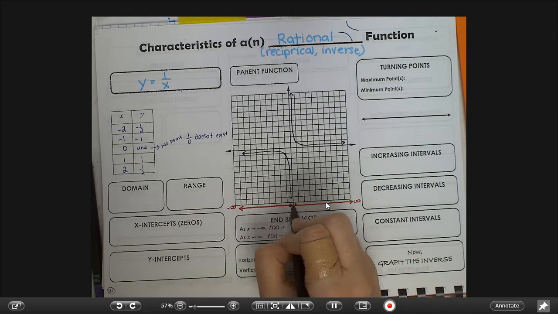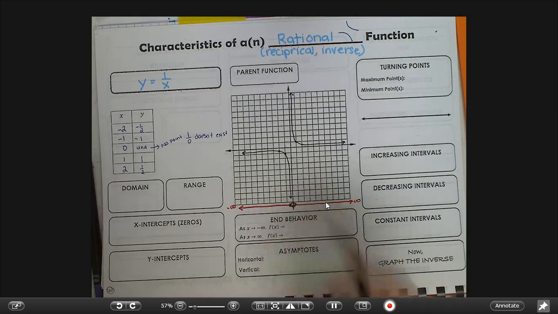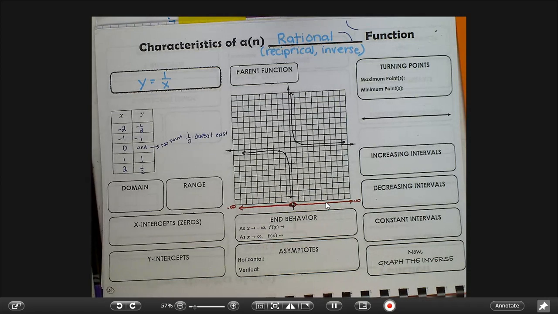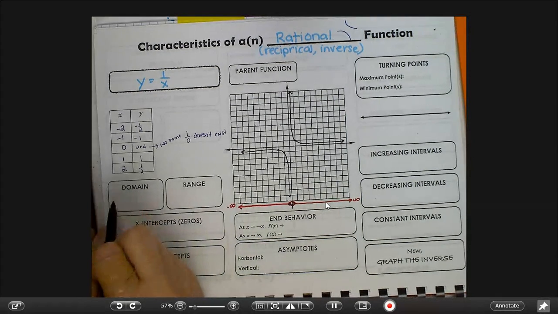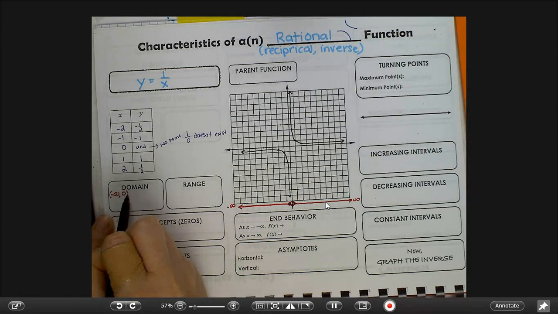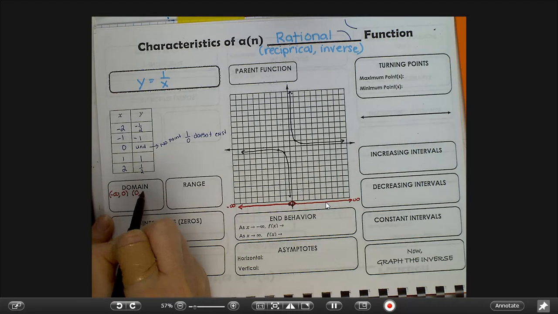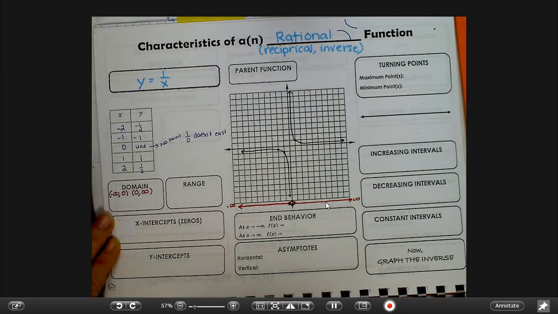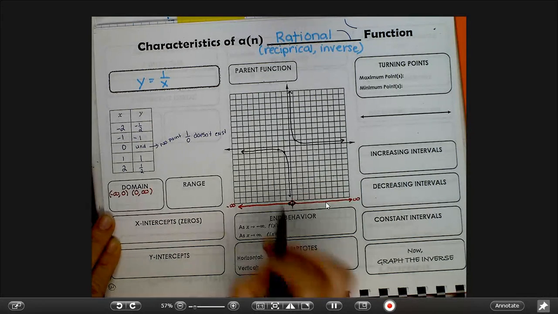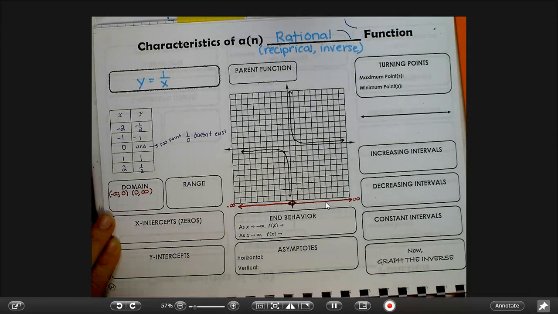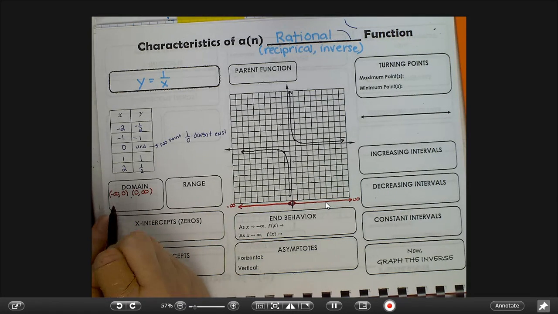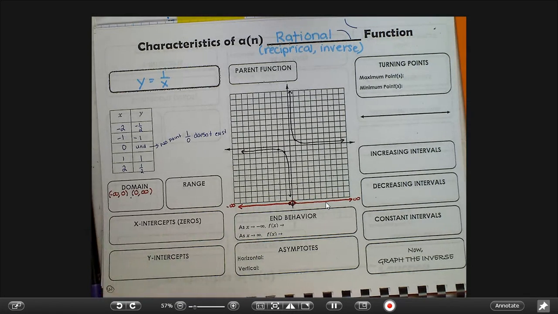But here at 0, there's like a hole because it doesn't actually go there. So we can see this from -infinity all the way to 0, but not including 0, and from 0 all the way to infinity, but not including infinity. Or, but not including that 0, I mean. So that's why it has a parenthesis. So that's one way to write that.